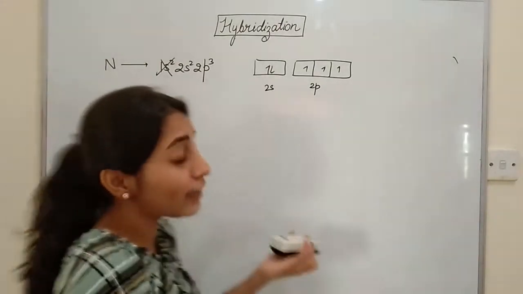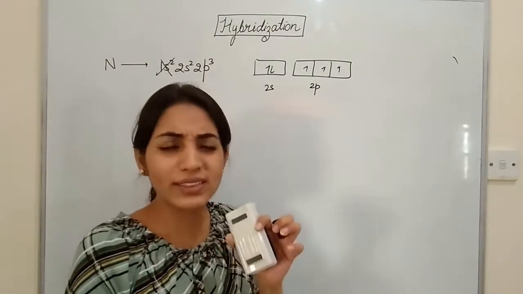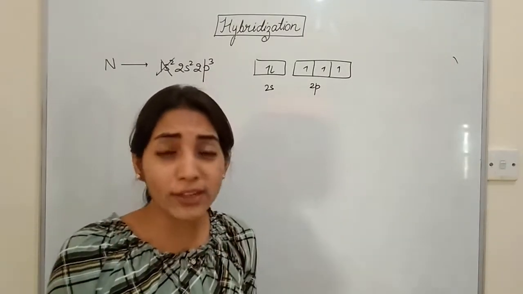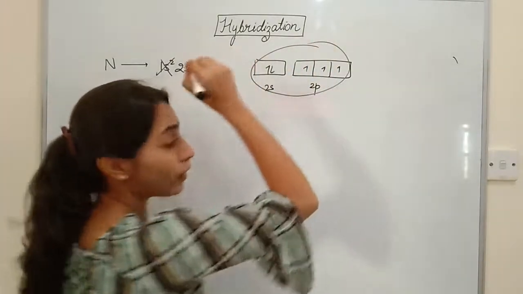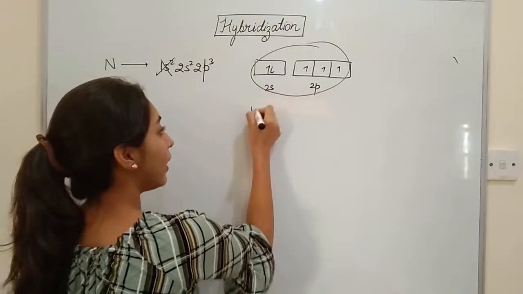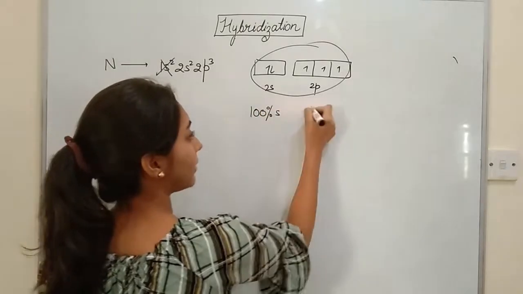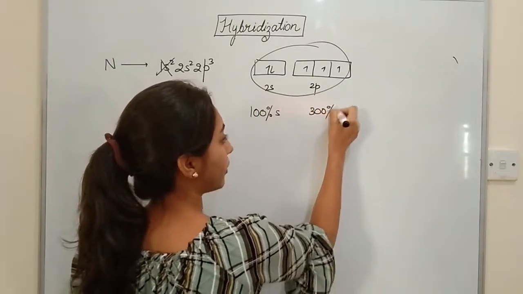Now, if we do not need to do excitation, let's simply think about what happens if it undergoes hybridization. Let me combine all of them. This is 100% s and these together will be 300% p.